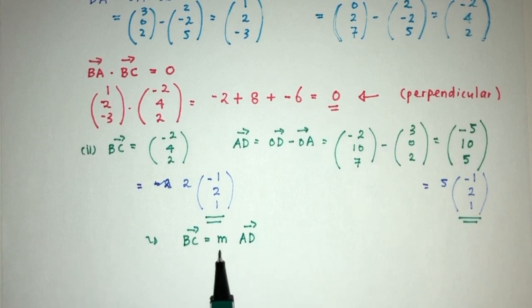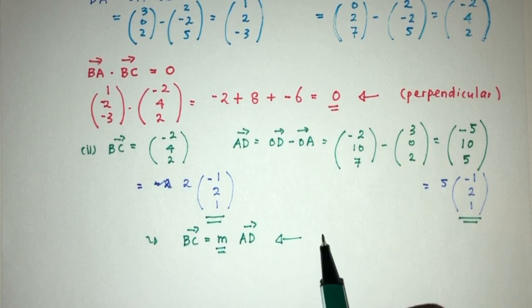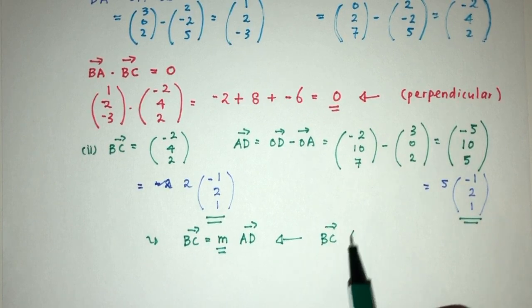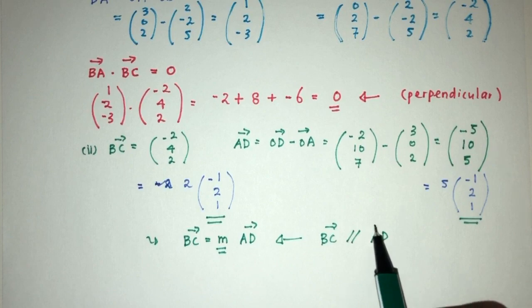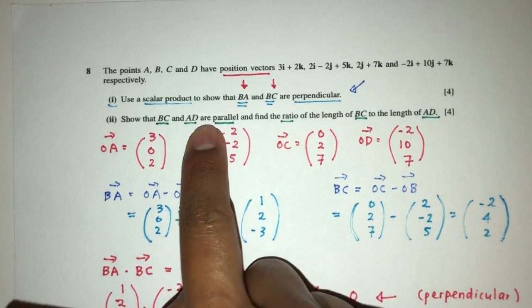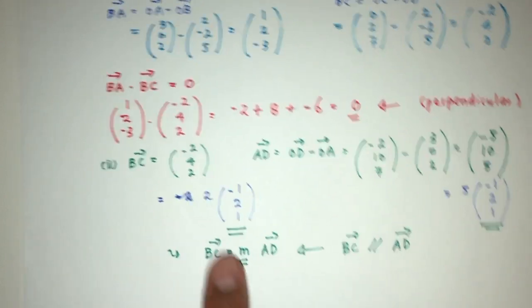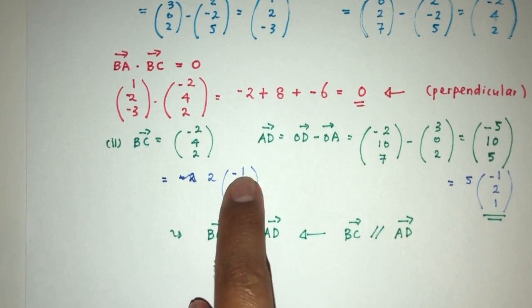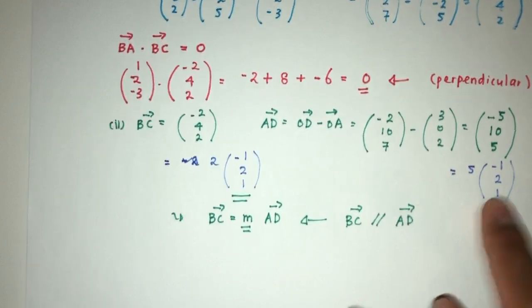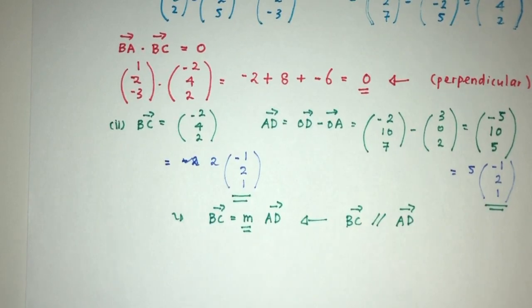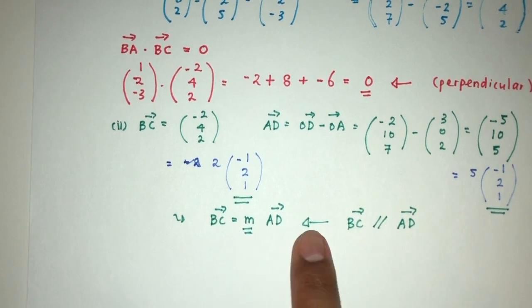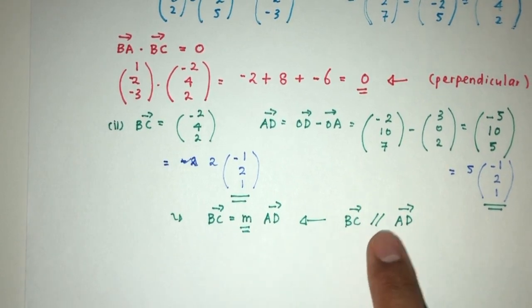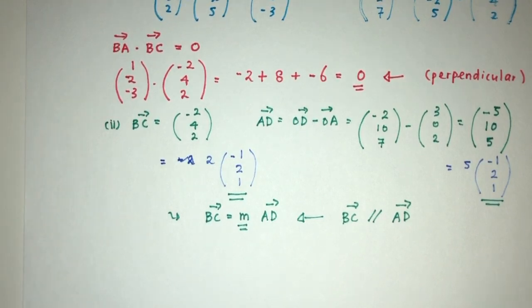So we conclude that BC is in the same direction as AD. The only thing we need to find out is the direction. If they match inside, minus 1, 2, 1 and minus 1, 2, 1, we can write BC equals m times the other vector, where m is any constant. You can write k, s, or t if you want to; I chose m for some reason. By writing this, you confirm that BC is parallel to AD. That is part 1 of the question.